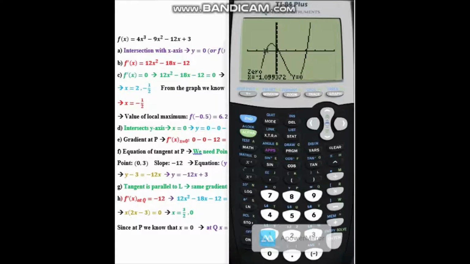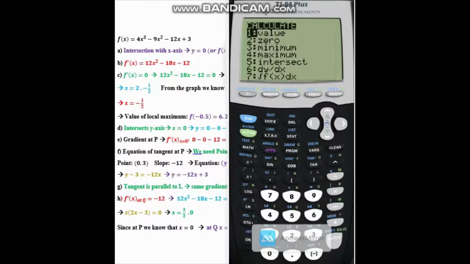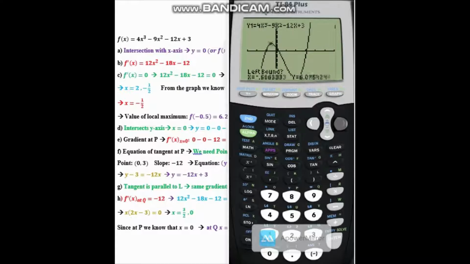Next, I shall repeat the process for the other intercepts. So 0, left bound, right bound, and guess. So the second 0 lies at x equals 0.218.